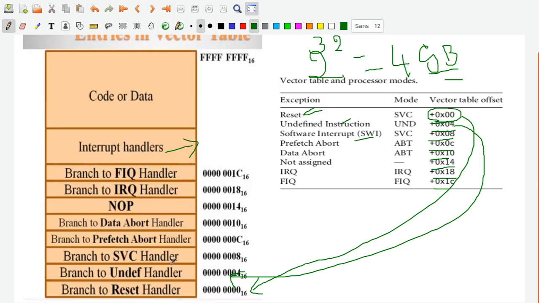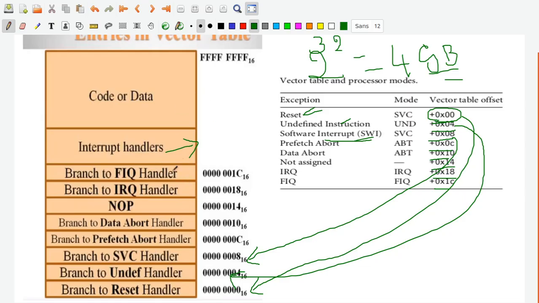Similarly, the branching instruction for the software interrupt exception is there at the 0x08 address. It goes on like that. Similarly for the prefetch abort exception, you have the branching instruction, and you are branching to the prefetch abort handler.